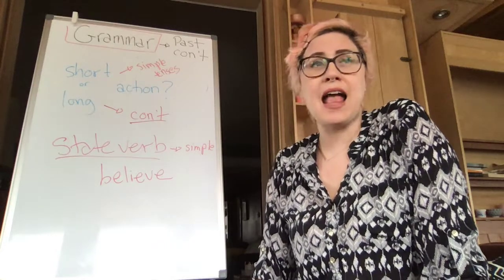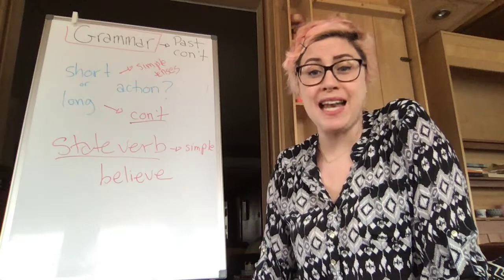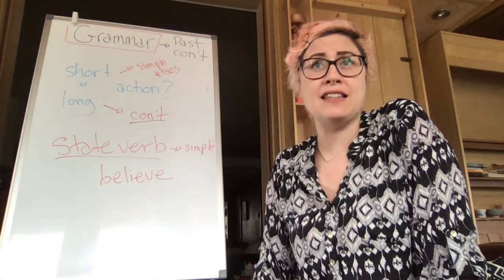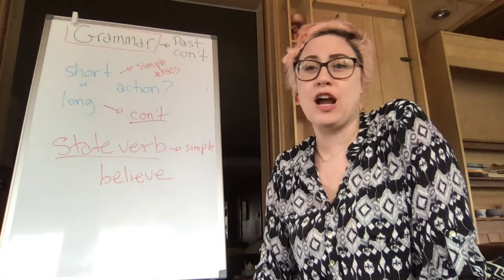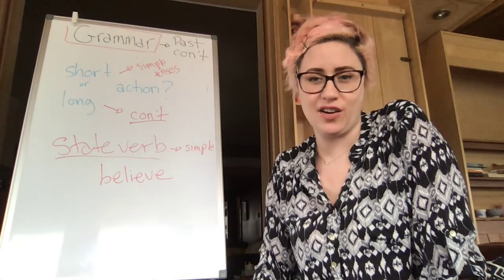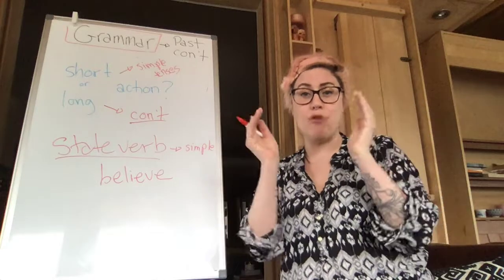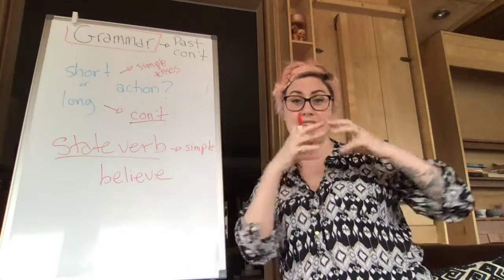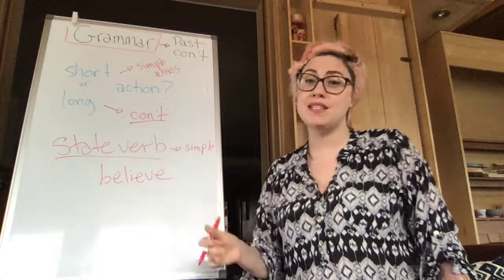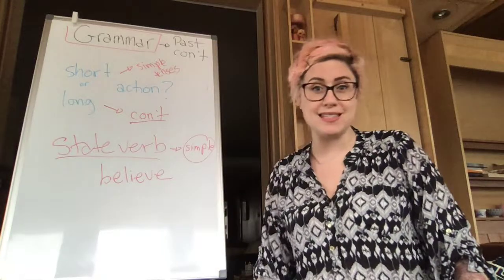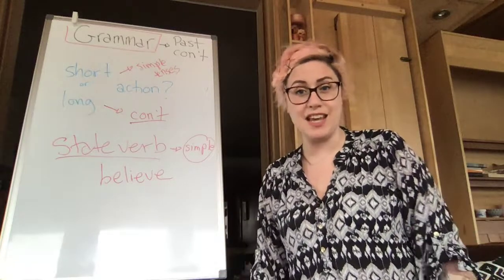So I can say, I believed for many years that there were sharks in Lake Ontario. That's not true, but I believed for many years. So even with for many years, which tells me that it is a long time, I am still going to use the simple past tense because it is a state verb.